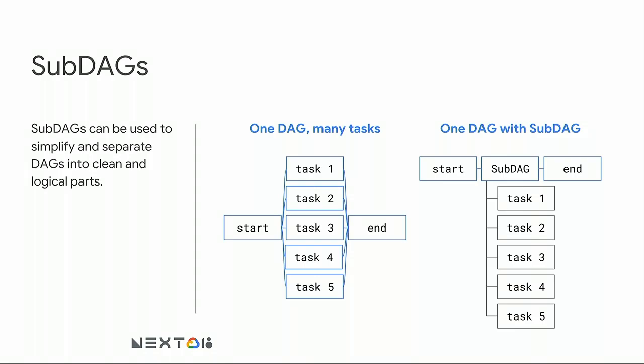So here in Airflow, you have workflows and sub-workflows. They're called DAGs and sub-DAGs. So in the example on the left side, you could have many tasks, or if you want to create a reusable DAG, what you can do is just package those tasks into a sub-DAG and include a sub-DAG in another DAG.